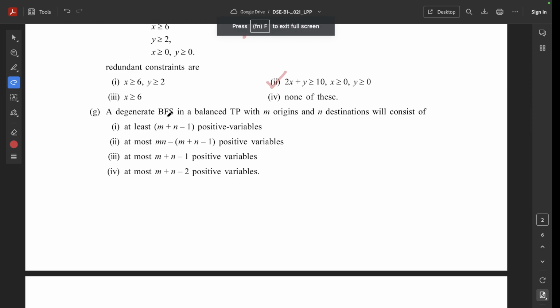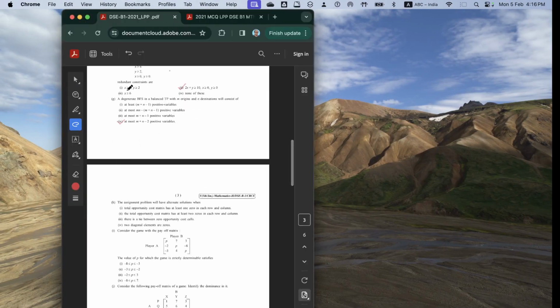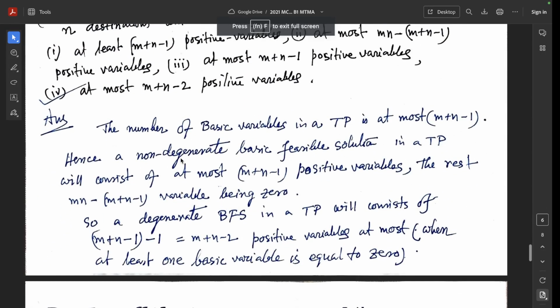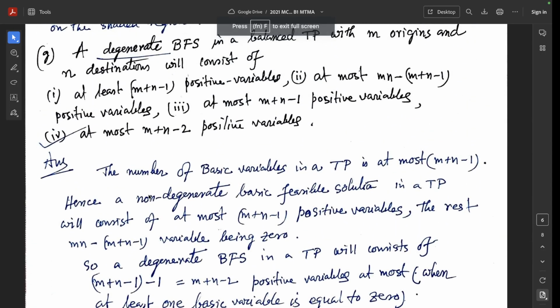A degenerate basic feasible solution in a balanced TP with M origins and N destinations will consist of, the correct option is 4. Now, the number of basic variables in a transportation problem is at most M plus N minus 1.